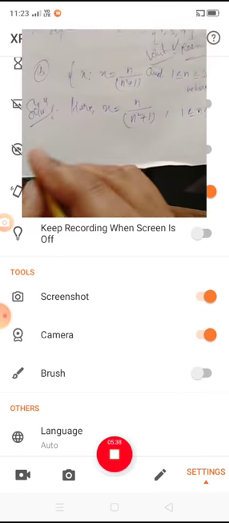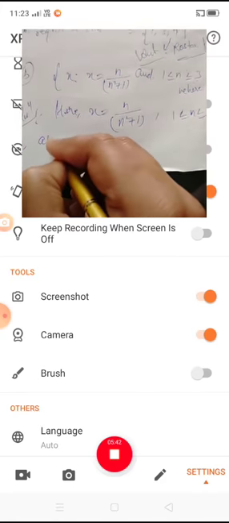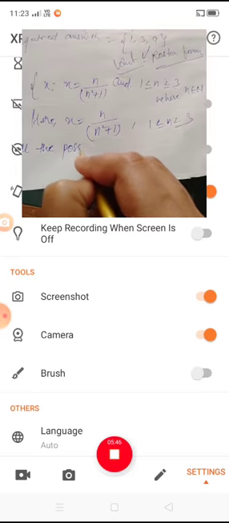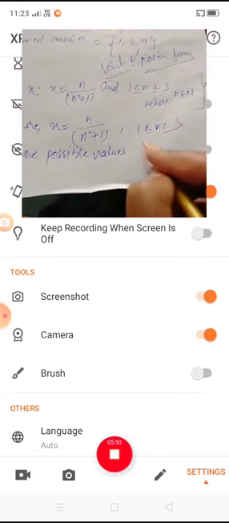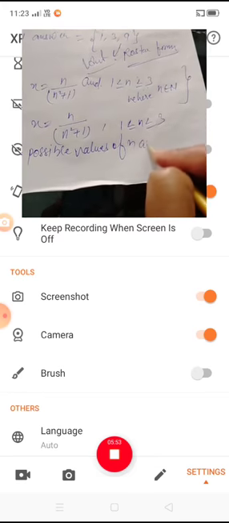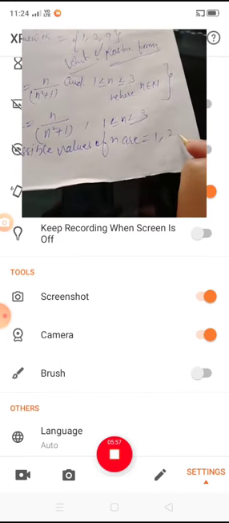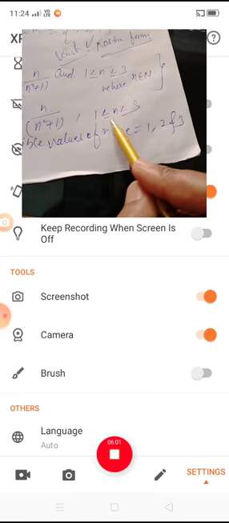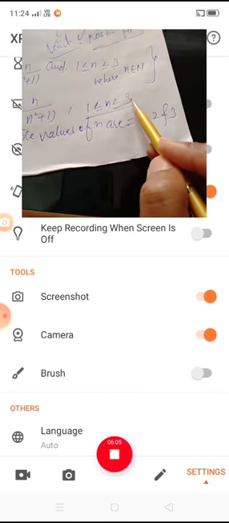So all the possible values of n are 1, 2 and 3, because the variation of n is 1 less than or equal to n less than or equal to 3.